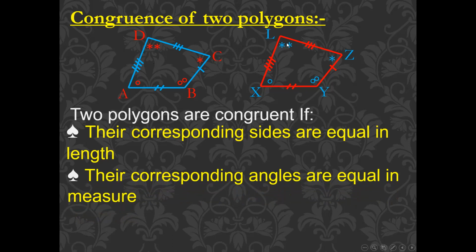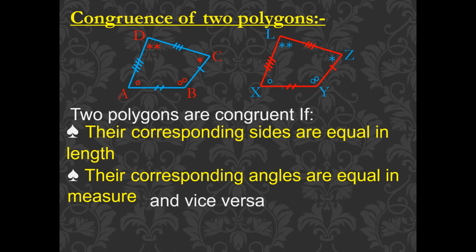Angle D equals angle L, angle C equals angle Z, angle B equals angle Y, and angle A equals angle X. So we can say that the two polygons are congruent if their corresponding sides are equal in length and their corresponding angles are equal in measure. All sides and all angles in the first polygon are congruent to the corresponding parts in the second polygon. So the two polygons are congruent.